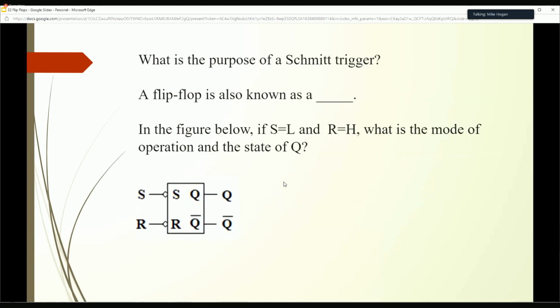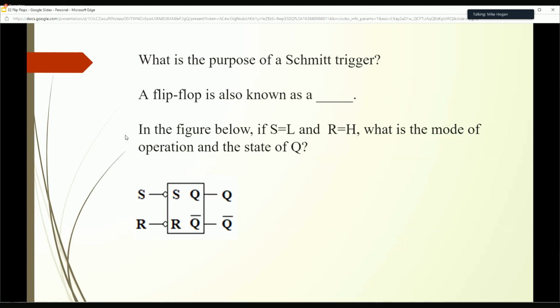What's the purpose of that Schmitt trigger? That was one of those last slides that we saw, and really that Schmitt trigger is all about the waveform that it provides, right?